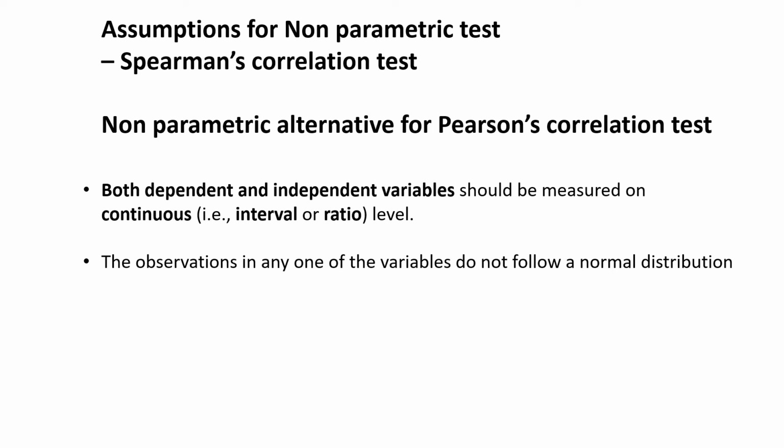Now we can go to the next one, Spearman's correlation test. What are the assumptions for the non-parametric Spearman correlation test? Spearman's correlation test is a non-parametric alternative to the Pearson correlation test. Pearson correlation test is parametric.